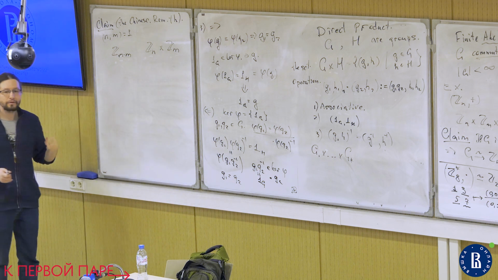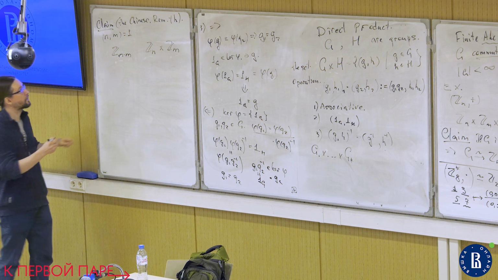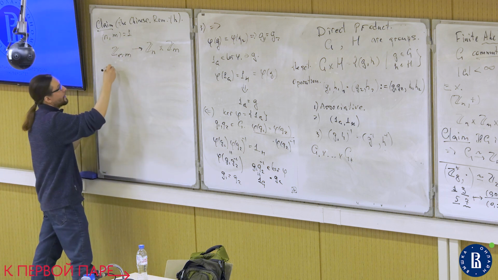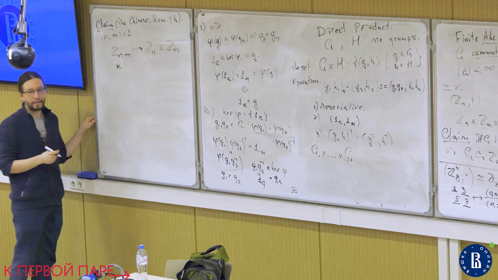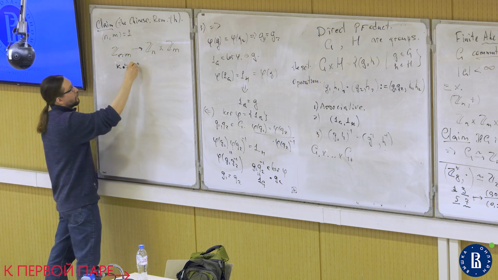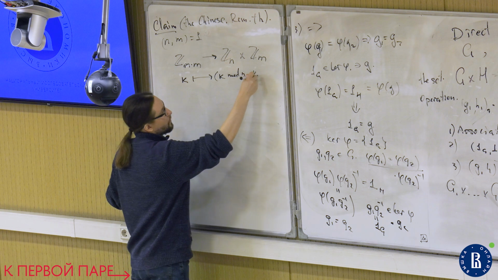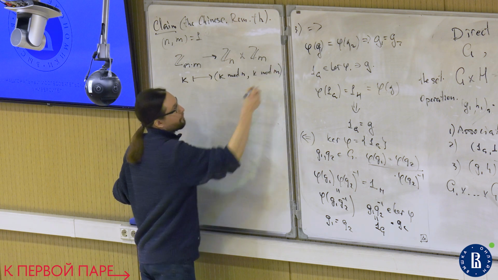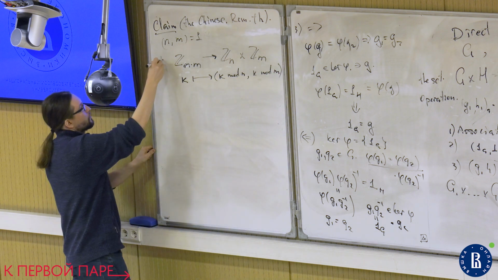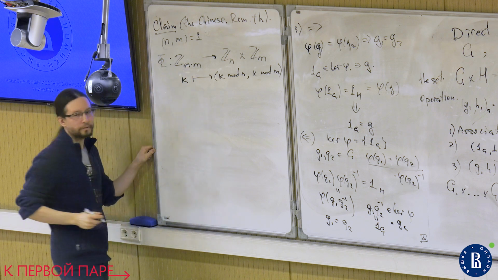Now we have a map from the left-hand side to the right-hand side, which takes a remainder k and sends it to (k modulo n, k modulo m). Let's denote this map by capital Phi.